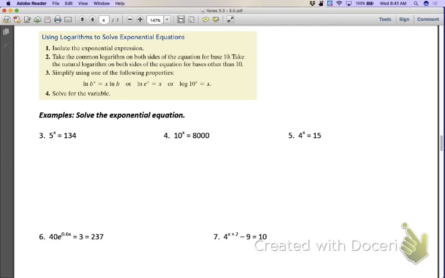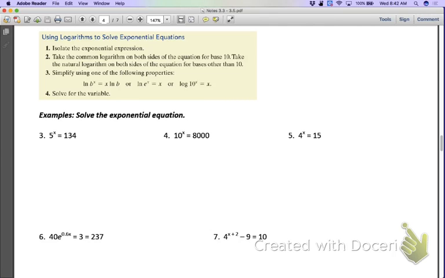Second way to solve is to use a logarithm. So, second way, if I don't have anything, like I have 5 to the x power and I have it equal to 134. It's not like the 4 and the 8 where they're all in the same row, or where I can rewrite the 125 as 5 to the third. 5 and 134 have absolutely no relation to one another.